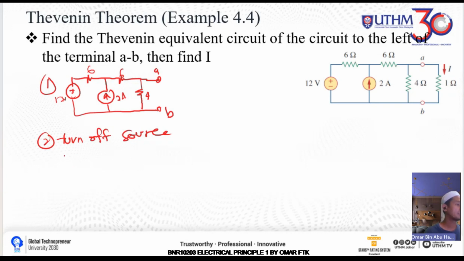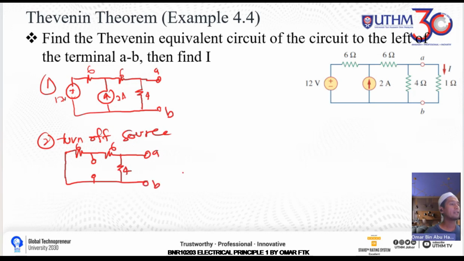So let's redraw again. The voltage source will be short circuit, and then the current source will be open circuit. 4, 6, 6. This one will be BA.